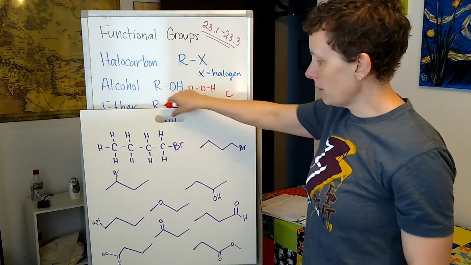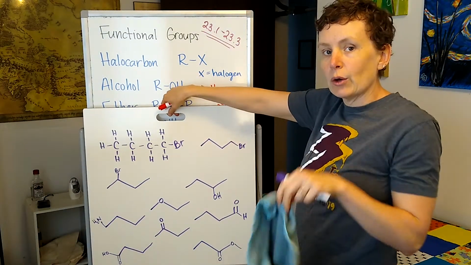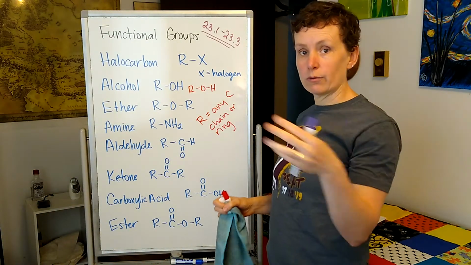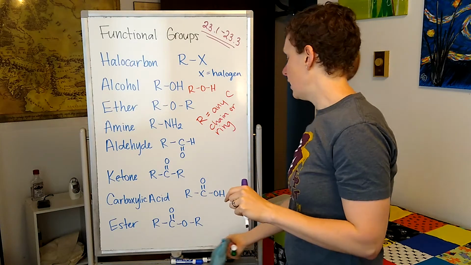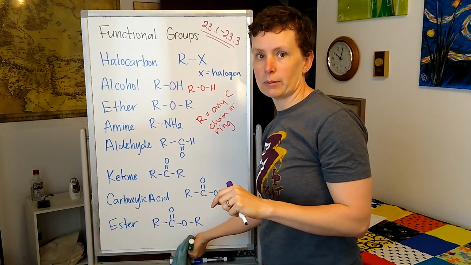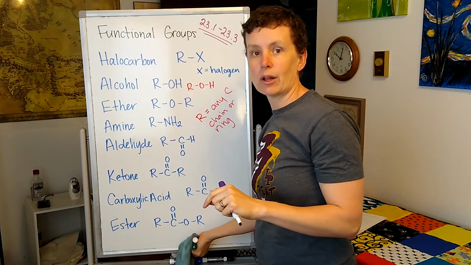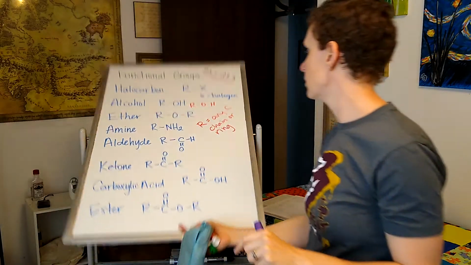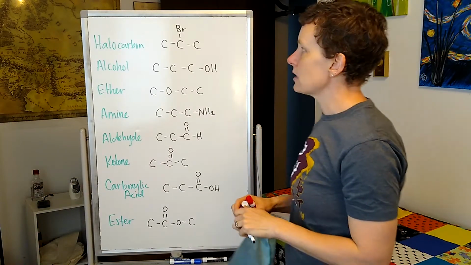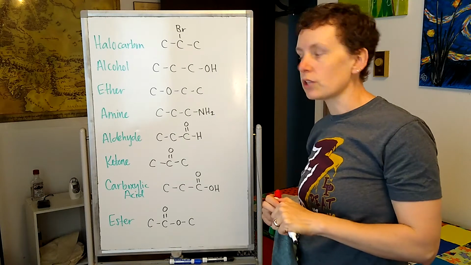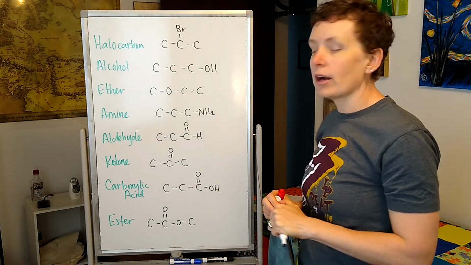Okay, now I'm going to go through naming. So hopefully you've already opened up the class notes part, or the file that was with this video, okay? And have already started to fill in the notes table on how to name these functional groups, okay? So what I have is an example molecule for each of these, and I did a carbon skeleton.